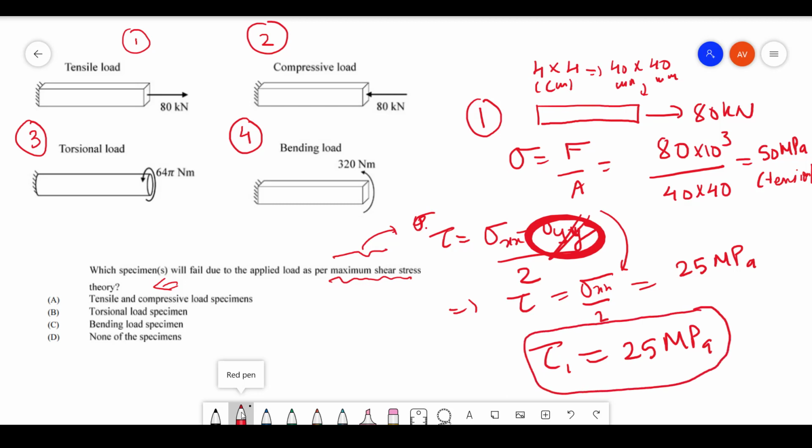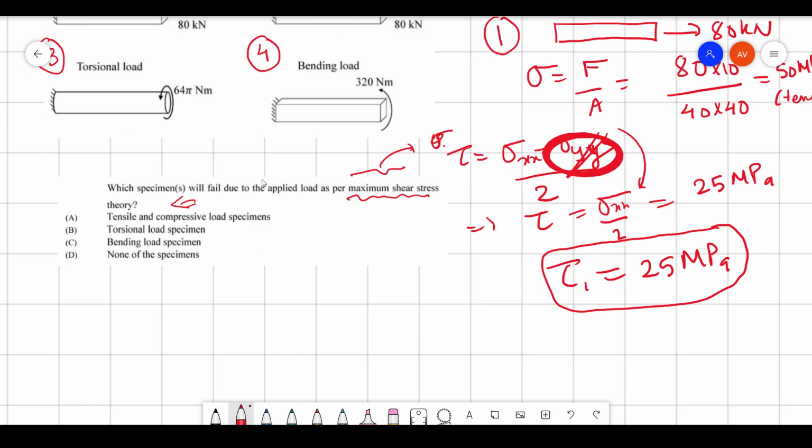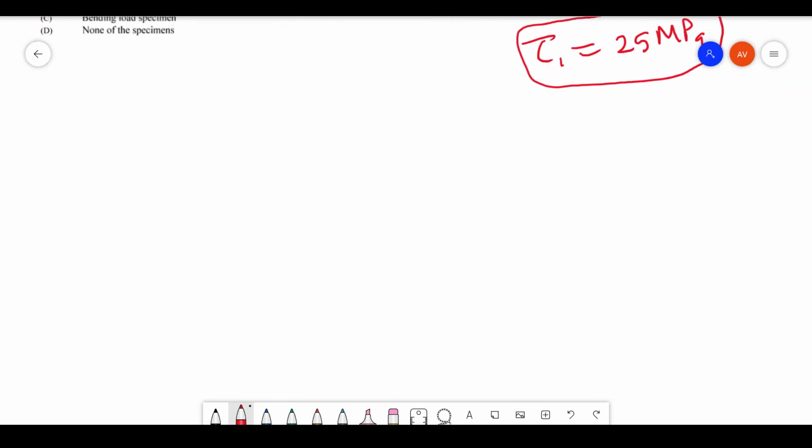Now let's go to the second case. The second case is pretty straightforward. Again, it is compression this time with the same 80 kilonewton.